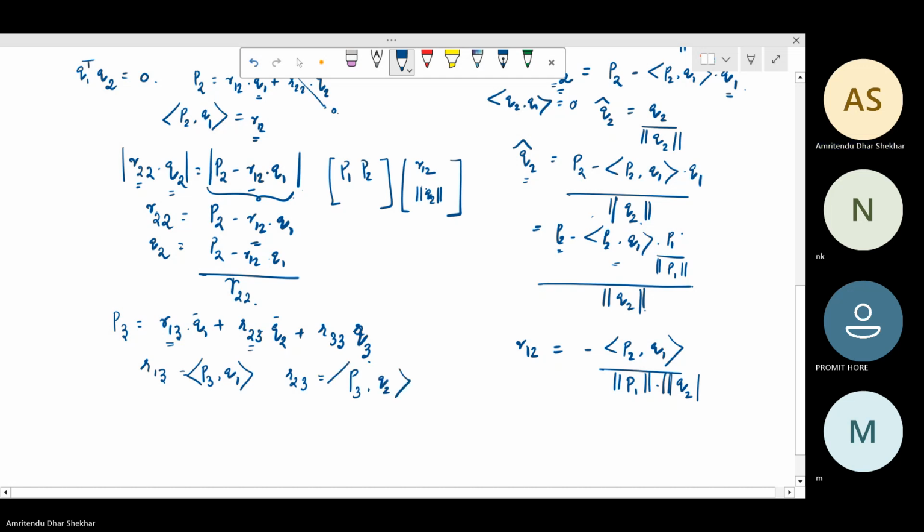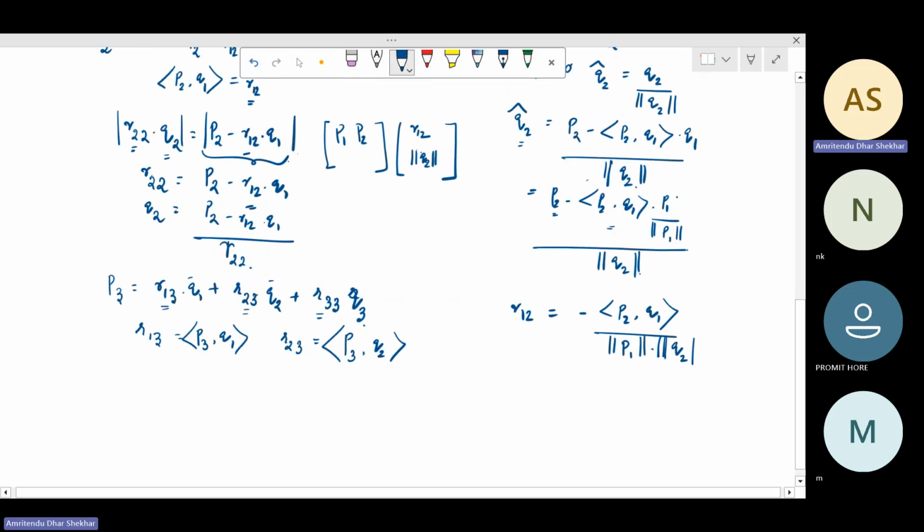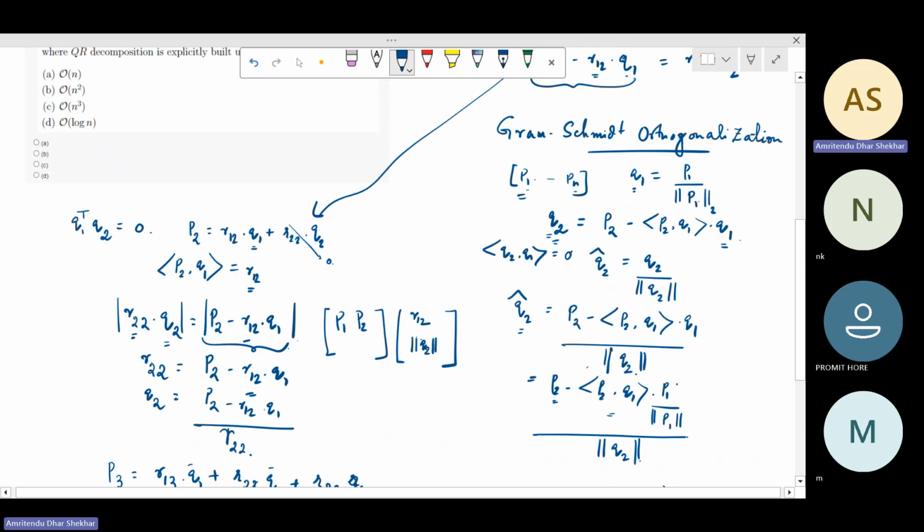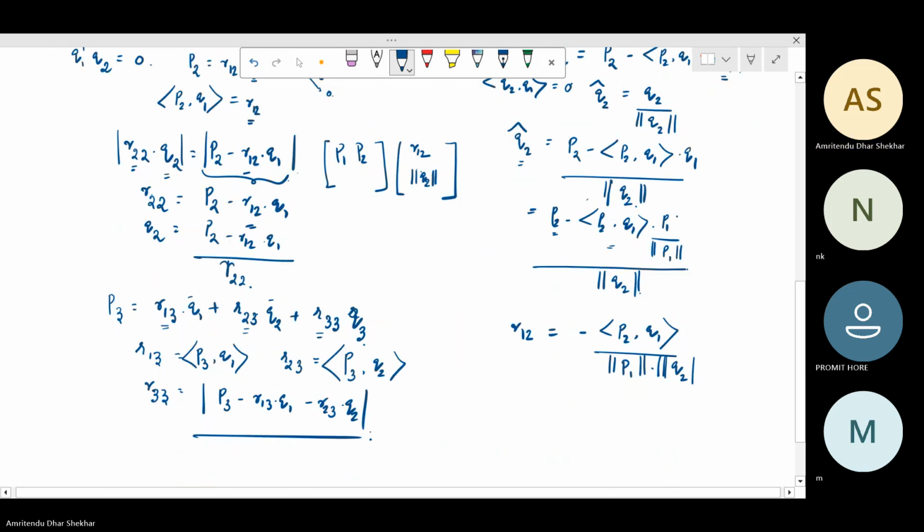And R33 is going to be the norm of P3 minus R13 Q1 minus R23 Q2. And that's how you can keep on computing R.